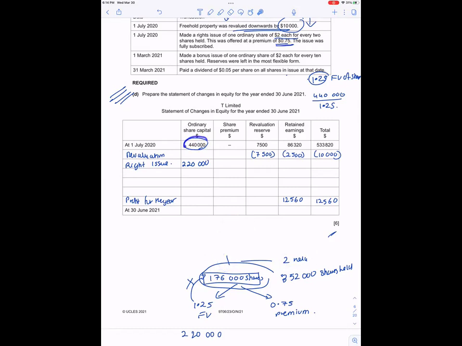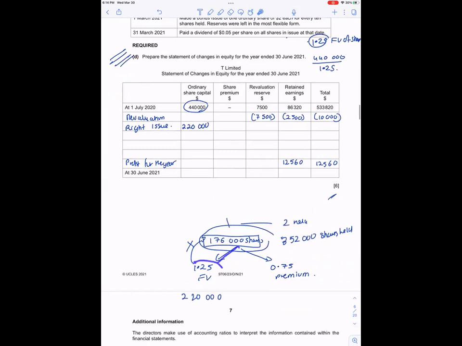When I divided 440,000 by 1.25, I got the number of shares that I actually held. So I got the number of shares I issued for rights issue. This I multiply with the face value to get the money in the ordinary share capital, and this I multiply with the premium to know how much will go in the premium. 176,000 into 0.75.